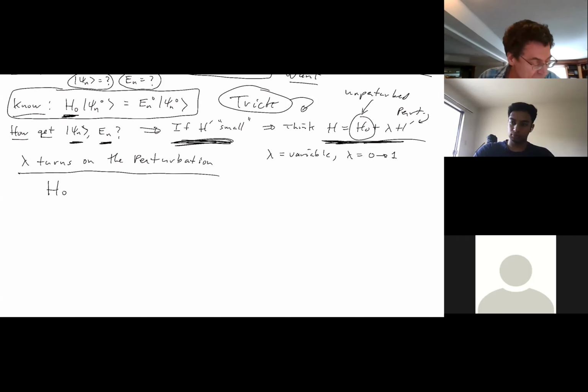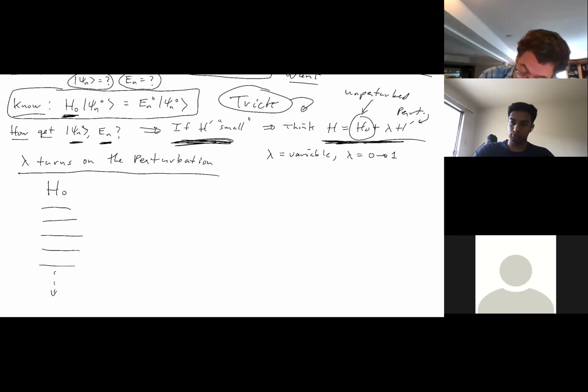I have my unperturbed states, which gives me some quantum levels, my ladder of states. And I have my first state psi. And by the way, I did this picture last time, but I'm doing it again because this is so important. This is the basis of perturbation theory. And perturbation theory is one of the most important things in quantum mechanics.